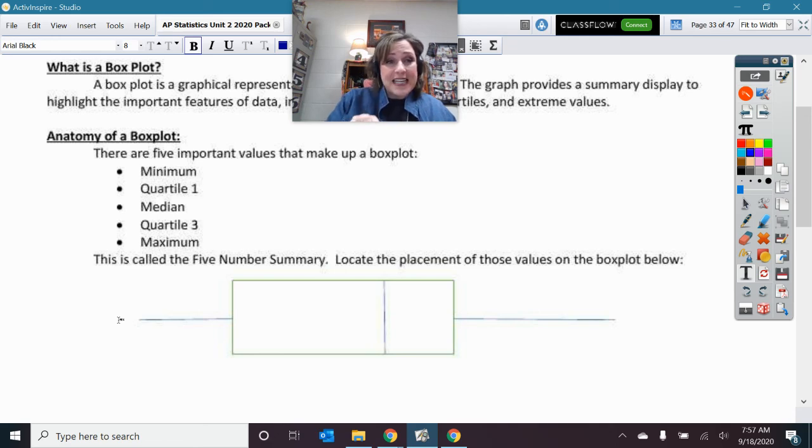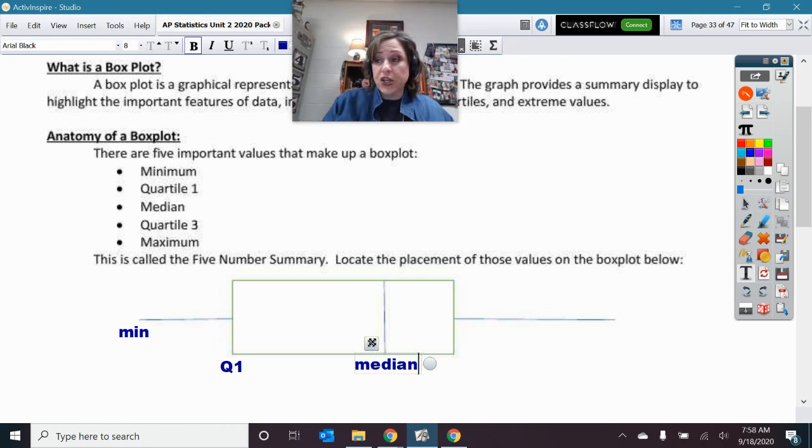That means that that is the minimum. So that would be right here where this is located, the minimum. The quartile 1, and we typically just call that Q1. And so that is that left side of the box. The next is the median. And so this median, of course, you've done in the past, that is the center of the data.